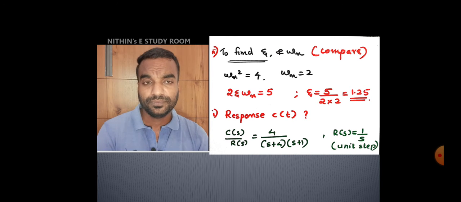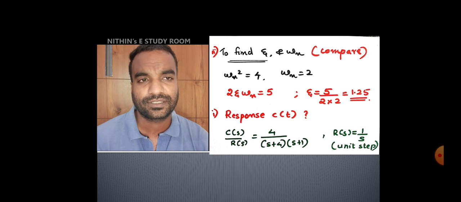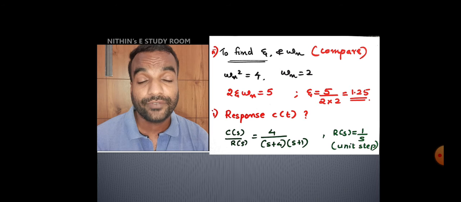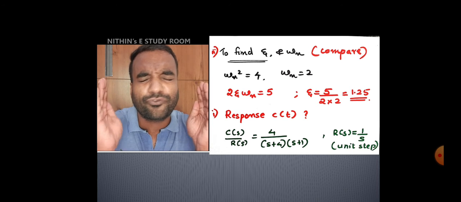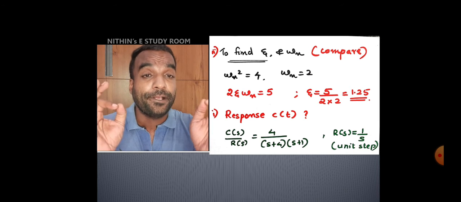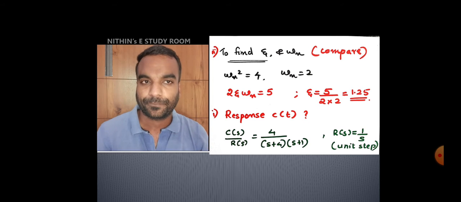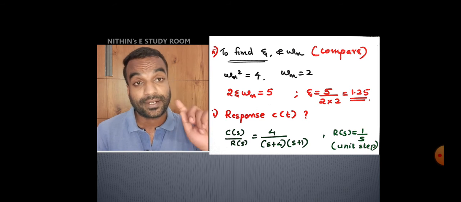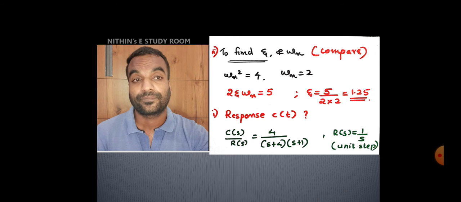Okay. Now what is the response, C of t? How can you find the response? If you are going to find the response, you should be specified with an input, because response is nothing but C of s equal to transfer function into input. So you should be clear about the input.